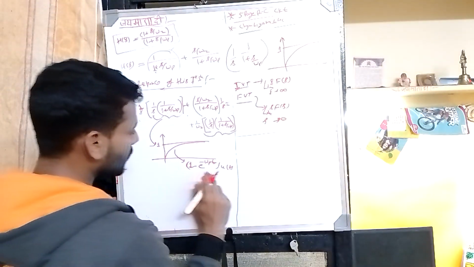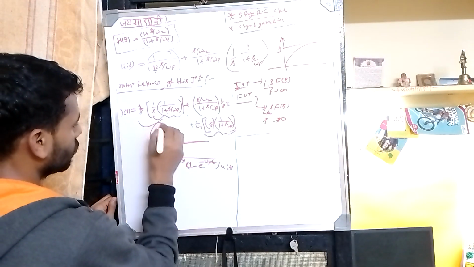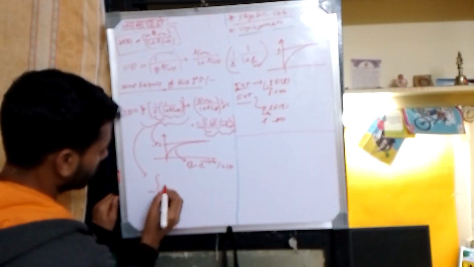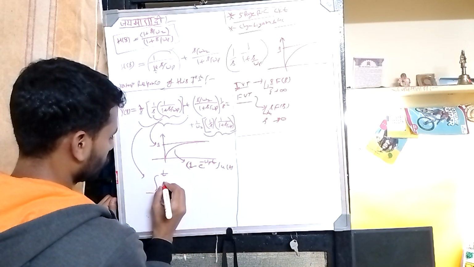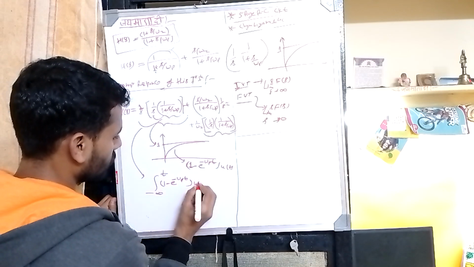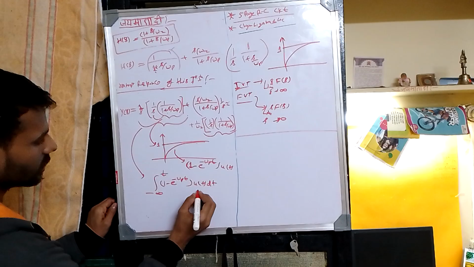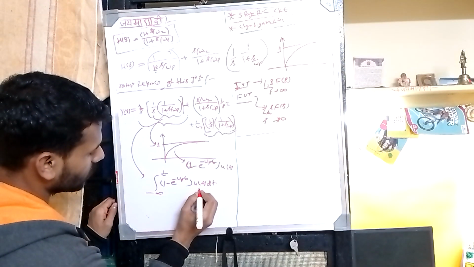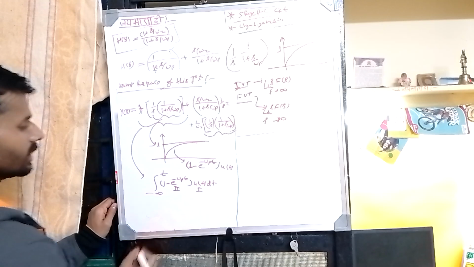If you integrate this for the ramp response, then you will get the whole total. So you integrate from minus infinity to infinity, 1 minus e to the power minus omega p t, u of t, dt. Assume this is the first term and this is the second, and you integrate.